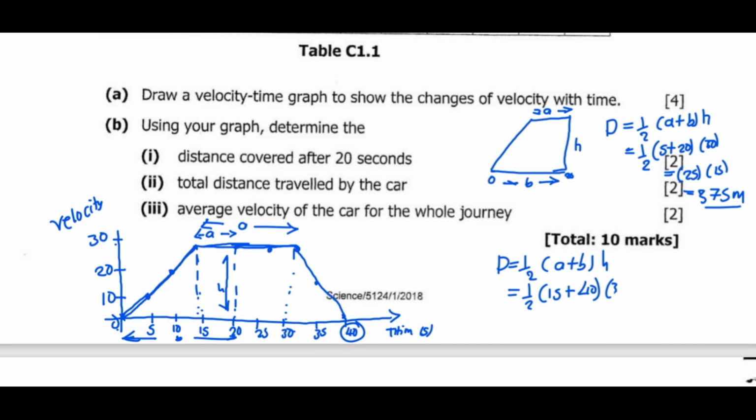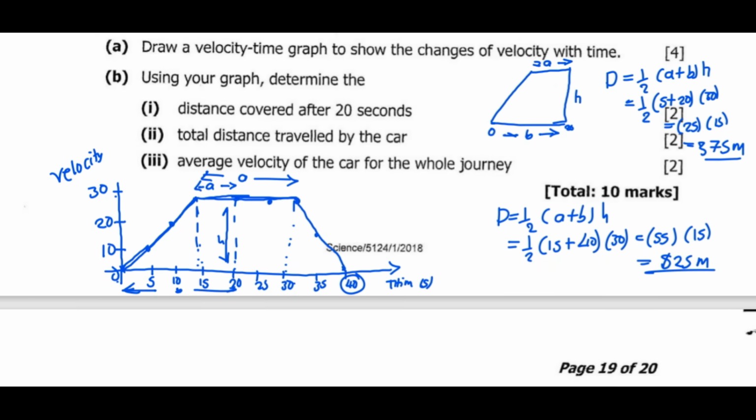Our height is still 30. So 40 plus 15 will give us 55. Half of 30 is 15. So 55 times 15, I'm getting 825 meters.